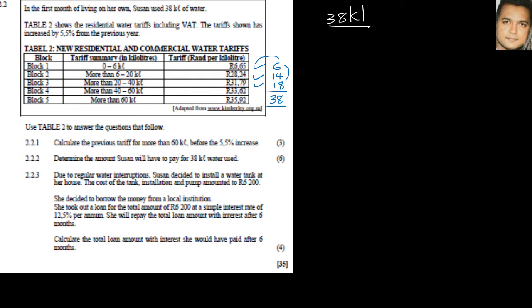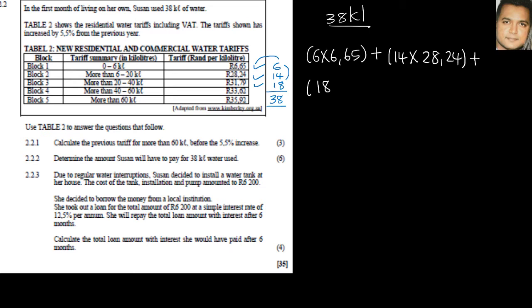Looking at the first line, we said it was 6, so it's 6 times the tariff there, which is 6 rand and 65 cents. Then we add the next one, which we said is 14 times the tariff on that line, which is 28 rand 24 cents. Then we still need to add that 18. Now remember, we're not using the entire 20.